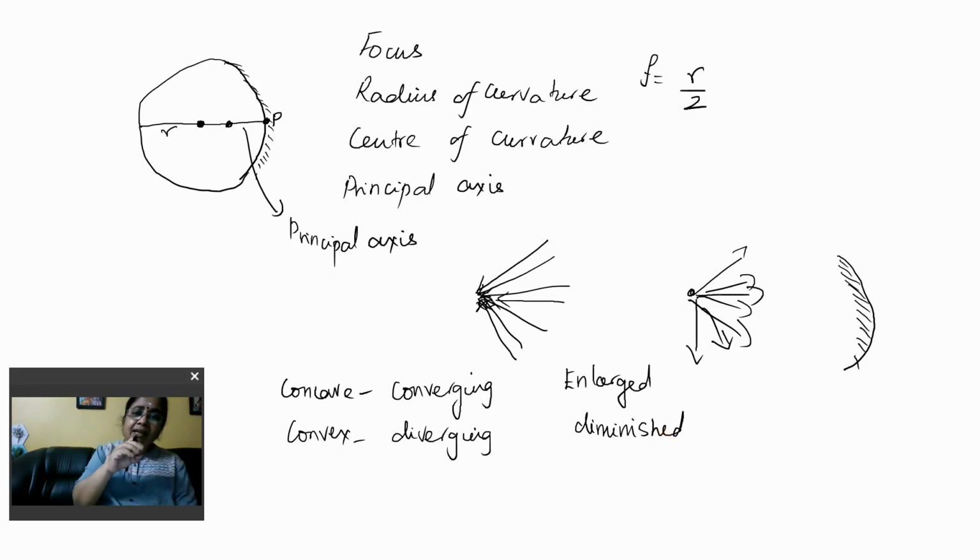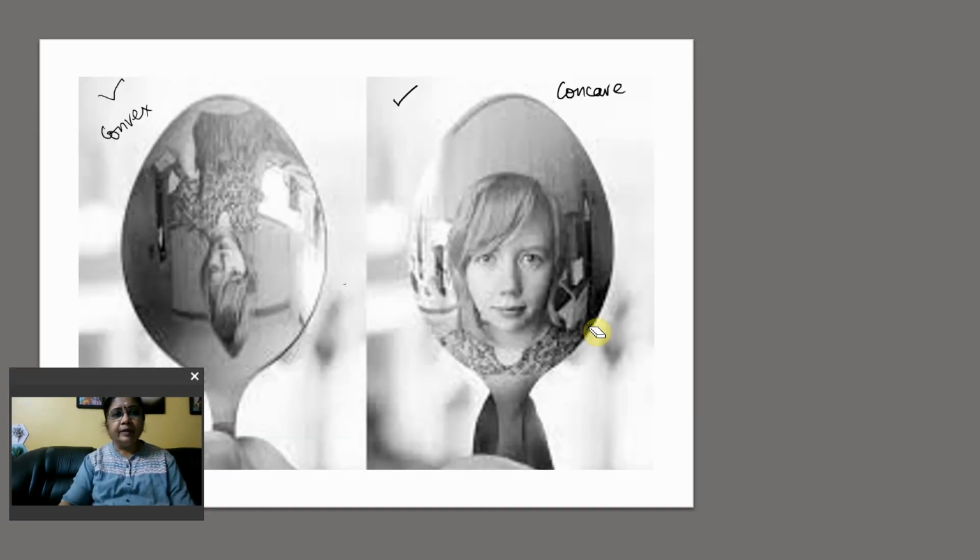Enlarged is getting a larger image of yourself. Diminished is getting a tiny image of yourself. Where do you see this? When people are using mirrors for shaving purposes or for makeup purposes, you look at those special mirrors, the face will appear enlarged.